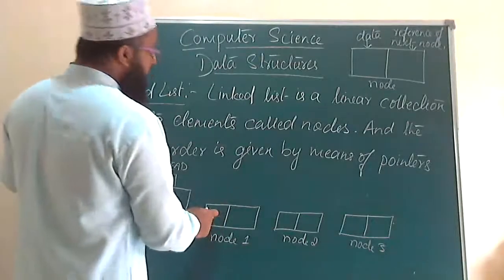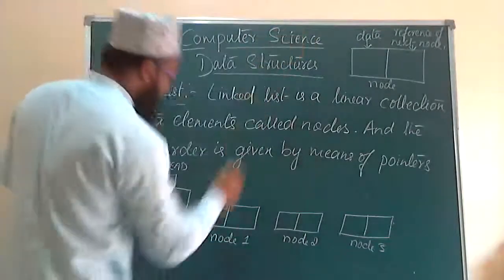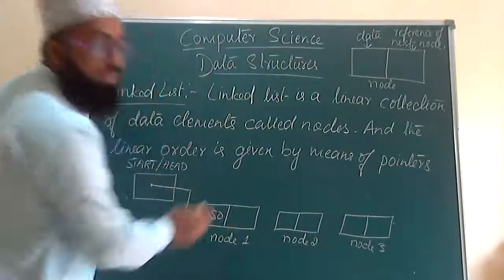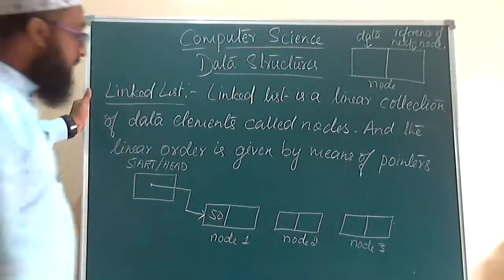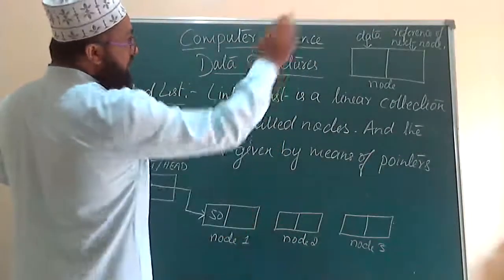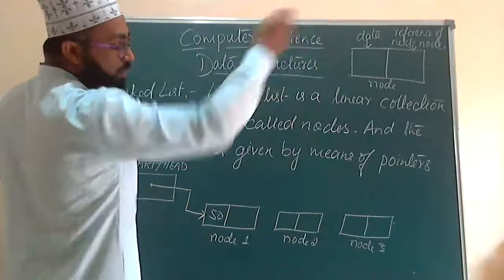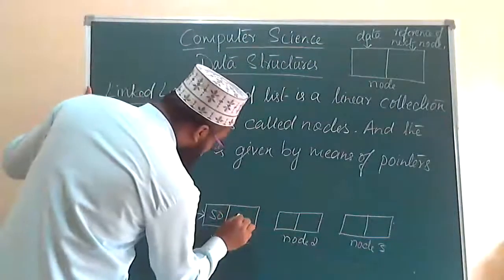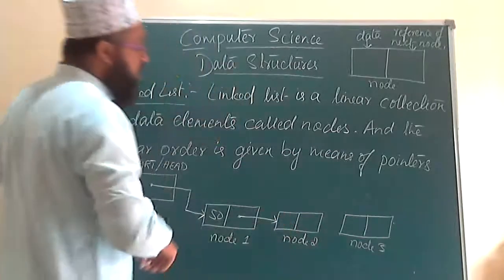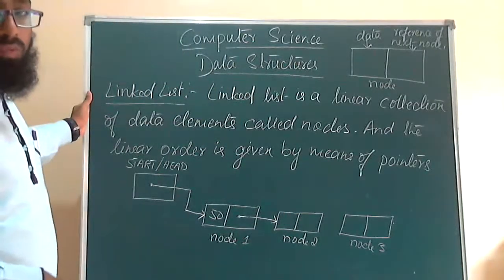The first part is the data part, which contains its own data, the data of that node. Next is the reference field or the link field, the reference of next node. It contains a pointer, the address of the next node.